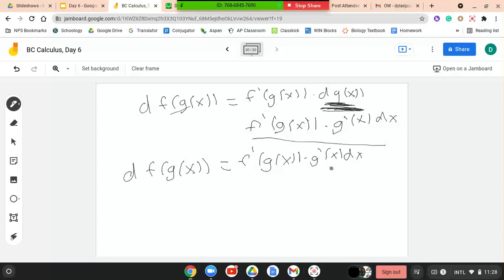Cool. I'm going to divide both sides by dx. So this is just one term, right? We have f prime of g of x times g prime of x times dx. So if I divide this side by dx, we just get rid of the dx here. We're dividing dx by dx. Would you agree? Yeah. Cool. So tell me, what does this side mean?